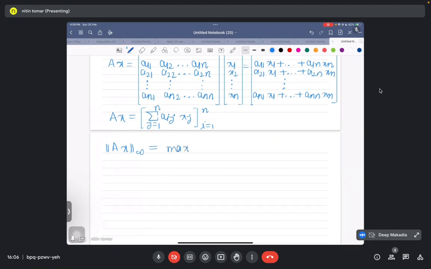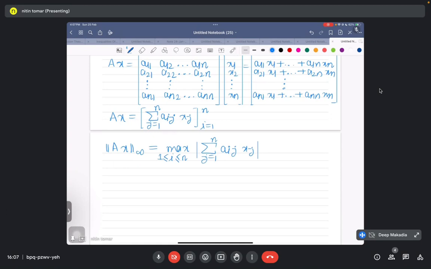First of all, let us go step by step. It should be the maximum of the modulus of this, right? Which is just this. Am I correct? And i varying from 1 to n. Correct?